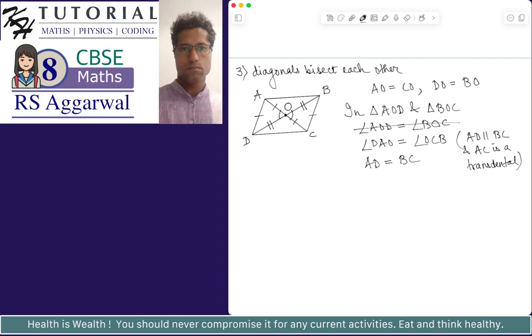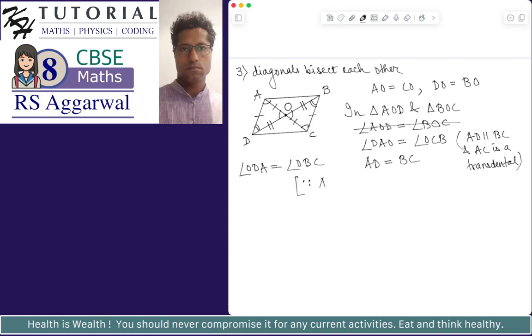Okay. So we have AD is equal to BC, and we have angle DAO equal to angle OCB. And similarly, we can say that angle ODA will be equal to angle OBC, because why?